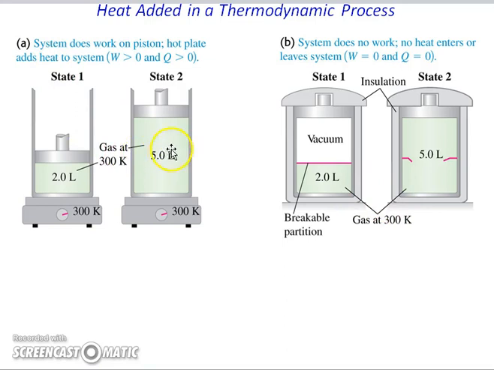But in both cases, we go from state 1 to state 2, but we reach different results, right? Here heat is transferred, there is no heat transferred. Here work is done to move the piston, there is no work done.